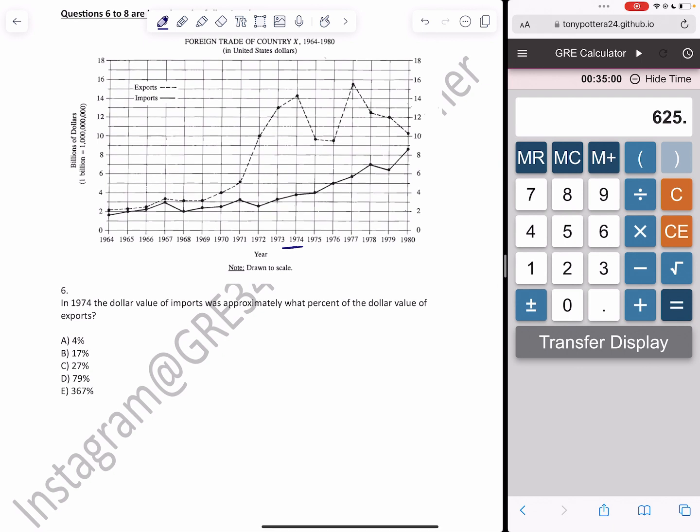So in 1974, the dollar value of imports was approximately 3.8, and of exports was a little over 14. Let's just say 14.1. So what percent of 14.1 was 3.8? That's what they're asking us.